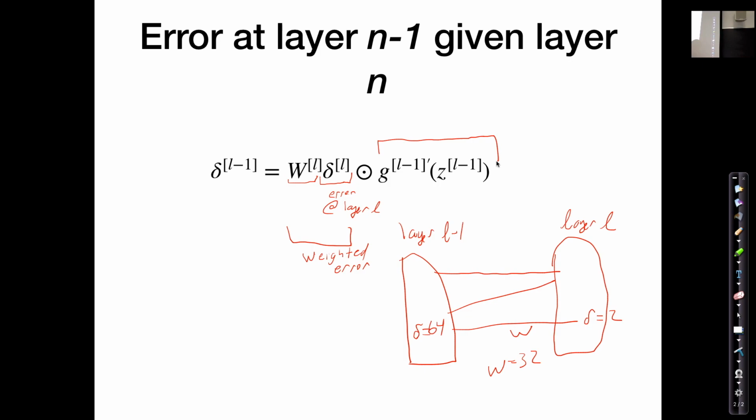So yes, we have a weight of 32 difference here, but when we look at the error here, we've got to first apply the derivative of the activation function, and then multiply that by the weight times the error at the next layer for a given neuron.